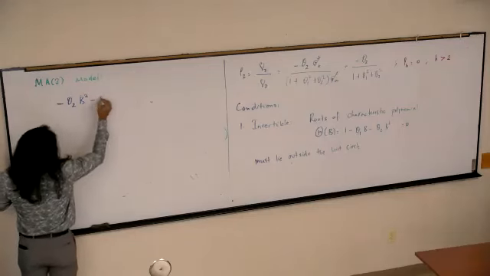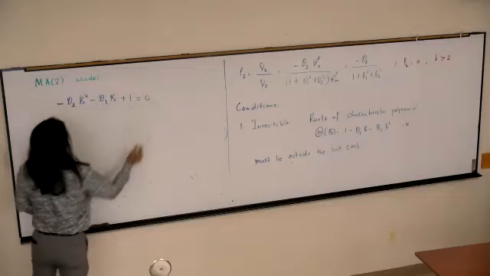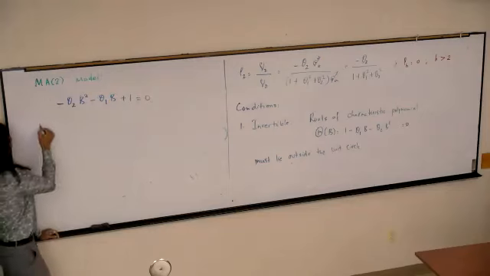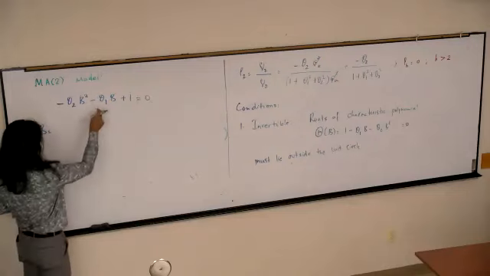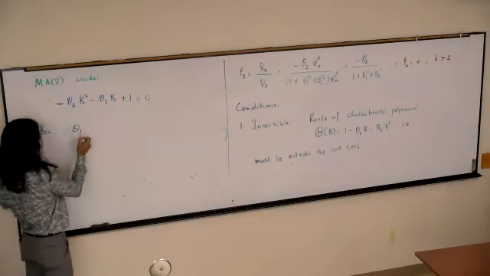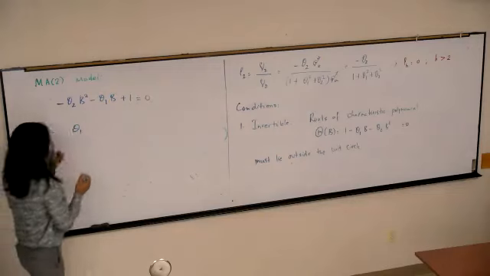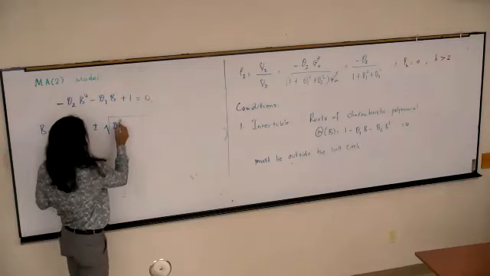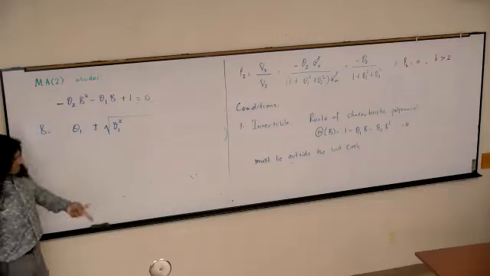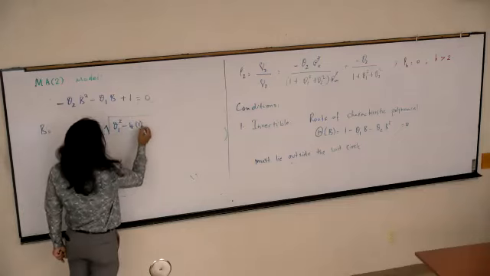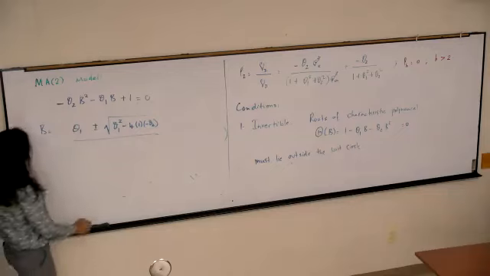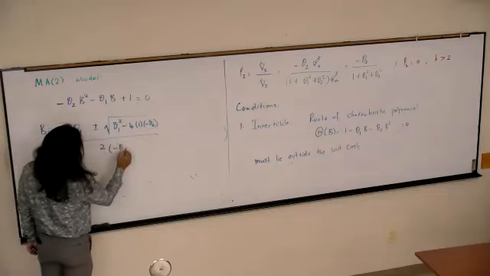The root of B would simply be negative b, so theta 1, plus or minus the square root of theta 1 squared minus 4 times a times c, divided by 2a, which is 2 times negative theta 2.